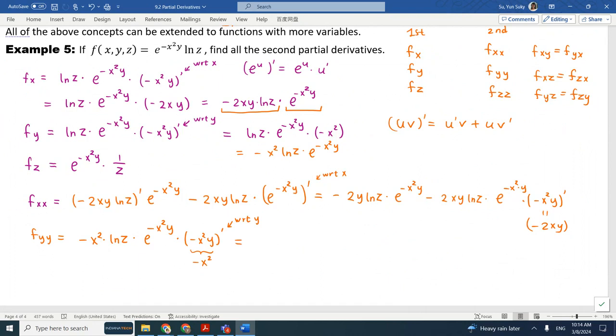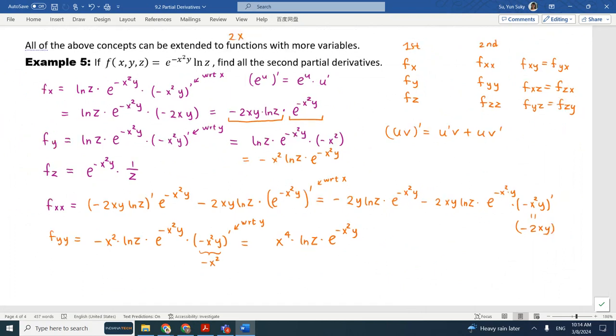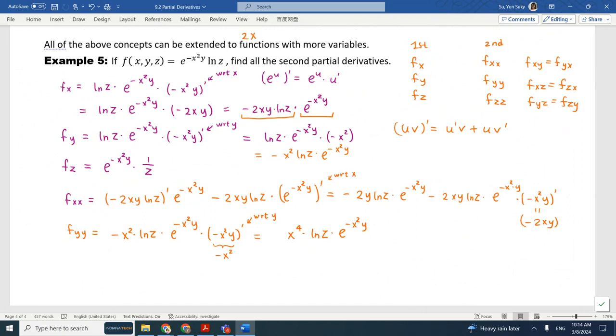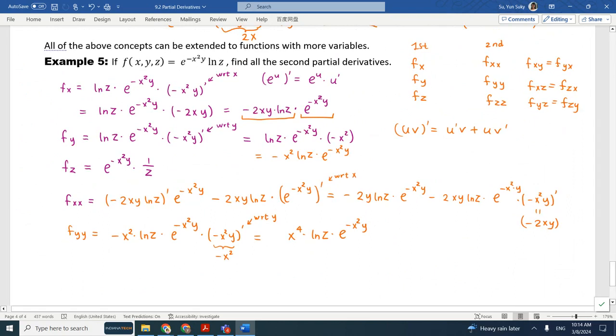We can multiply them. Negative times negative becomes positive, x squared times x squared is x to the fourth, ln z, and e to the negative x squared y. Is that okay, everybody? You've got to be very patient. At every step, ask yourself, what are the constants? What is the variable?